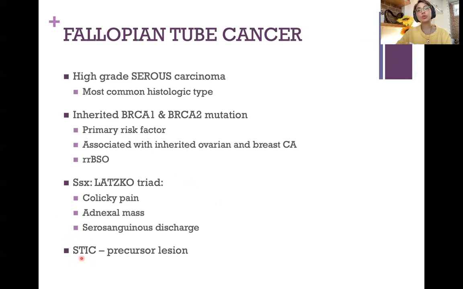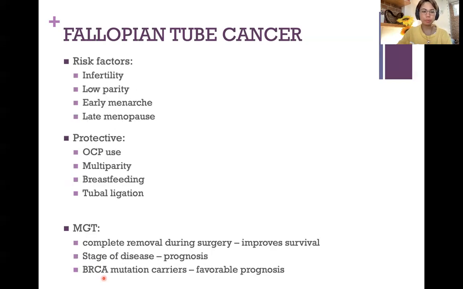Precursor lesion: serous tubal intraepithelial carcinoma. This is similar to CIN3 and endometrial carcinoma in situ. As long as there is no break in the basement membrane, it remains a precursor lesion.